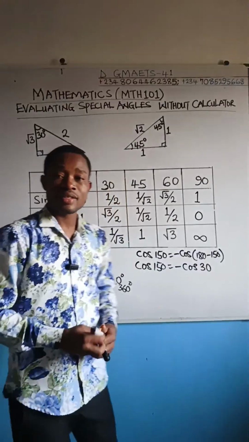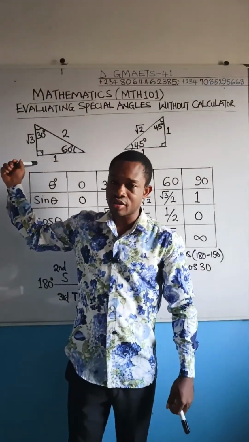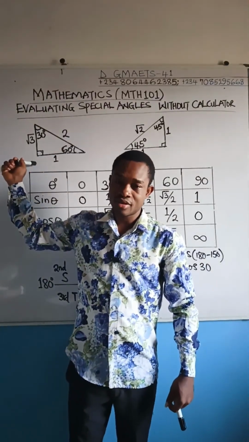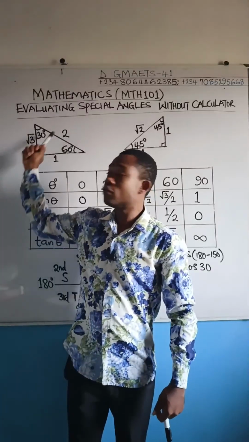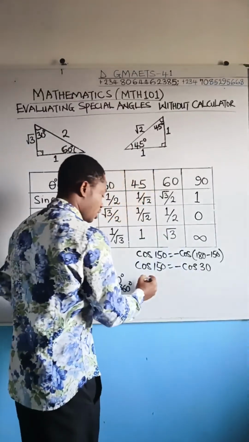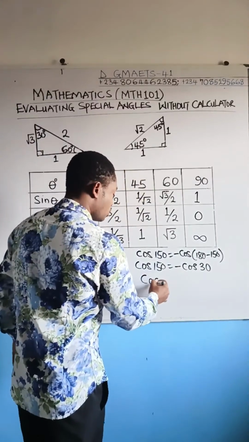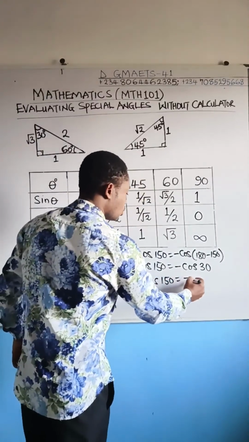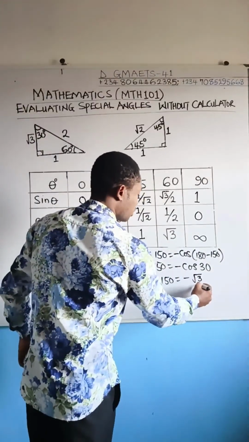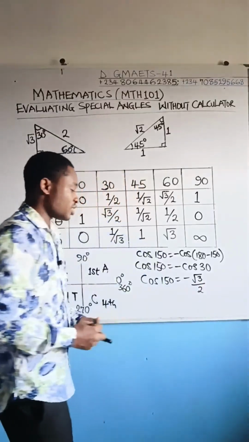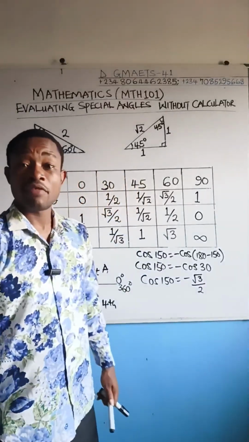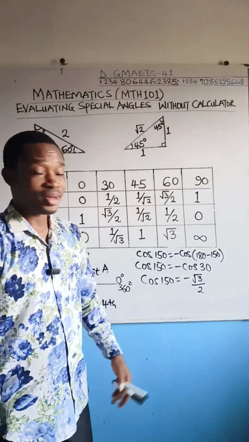And for cos 30, again, you're using this right angle triangle. Cos 30 gives you √3/2. So this is equal to negative √3/2, negative square root of 3 divided by 2. This is the value of cos 150 without your calculator.